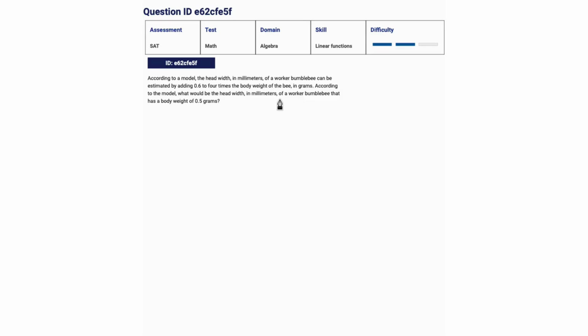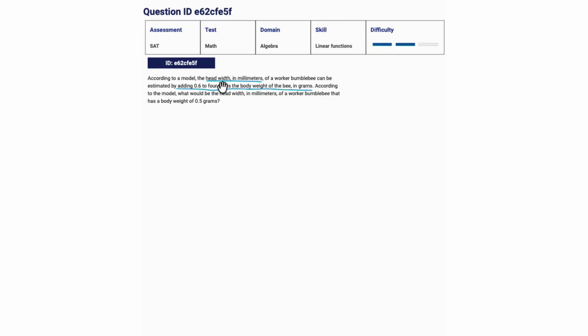All right, now let's solve the question. So what is this question even saying? This is a word problem. According to a model, the head width, so the head width is in millimeters, of a worker bumblebee can be estimated by adding, this is equation forming time.